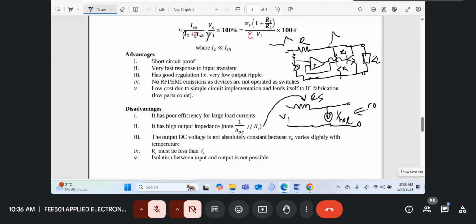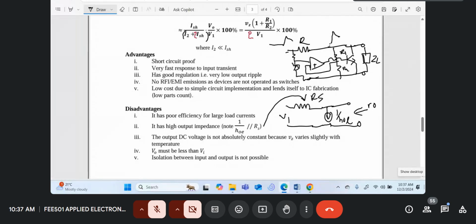A normal Zener has some dynamic resistance because it's a semiconductor junction. And for a semiconductor junction, you know that the dynamic resistance always changes with temperature. So the same will apply to the PN junction of a Zener diode.